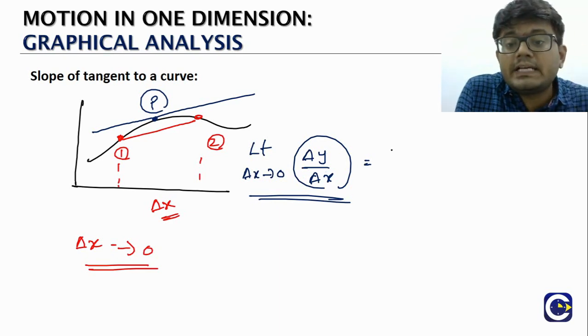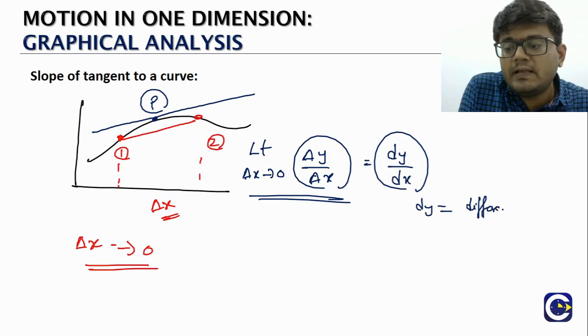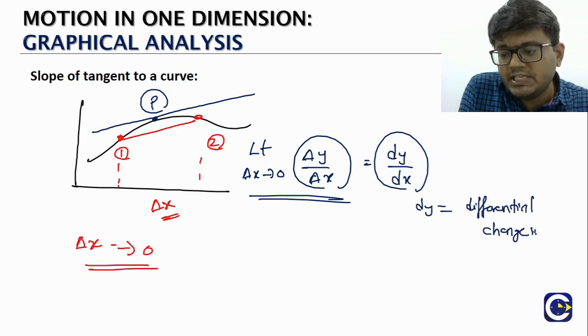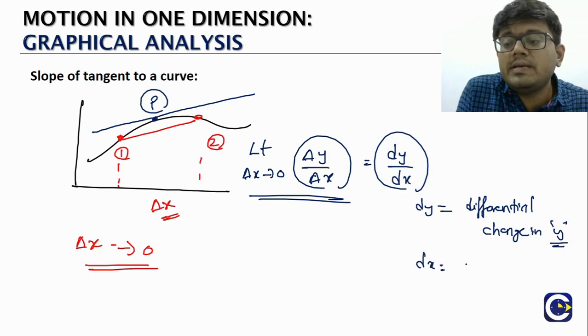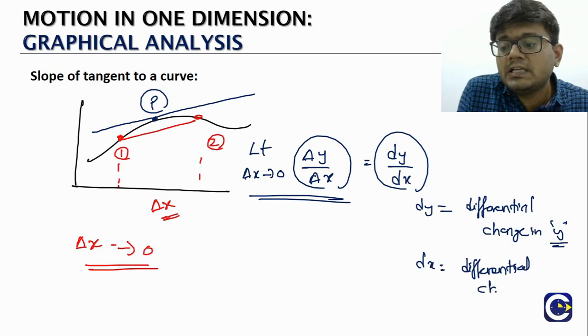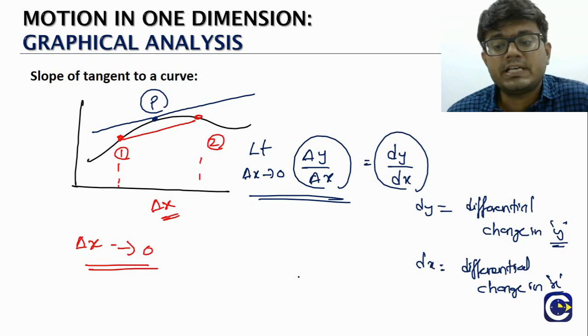So we will use a different notation, that is what we call the differential element notation. Here dy is the differential change in y, a very small change, and dx will be called the differential change in x.